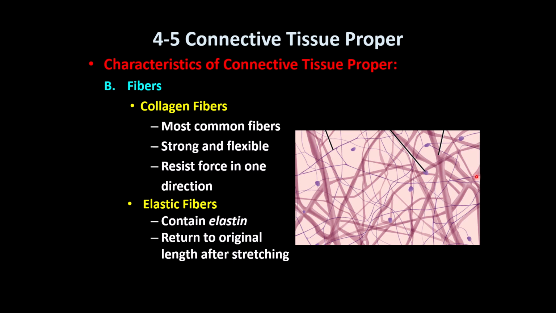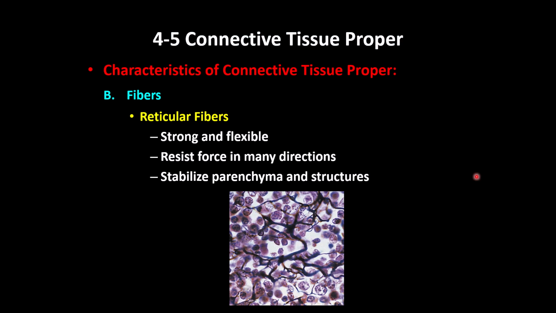Once you pull them, they stretch, and then they go back to the normal length, but they are not that strong. The third one is called reticular fibers, and these are the dark black ones, darkish blue or black, that you can see. These are short, thick and strong, and they keep the cells of solid organs together.